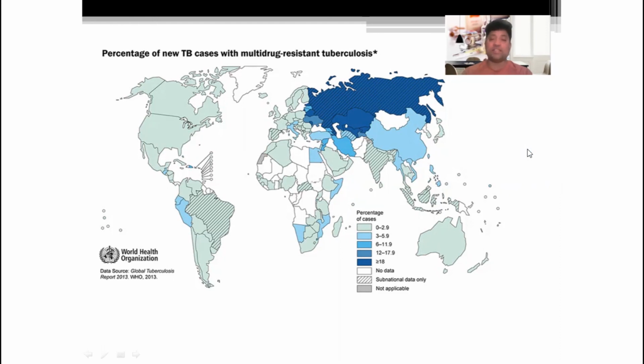We can see that Russia, China, and Central Asia have a higher number of patients with multi-drug resistance, and North America, Canada, Mexico, South America, African countries, and Australia have a low percentage of patients with multi-drug resistant tuberculosis.